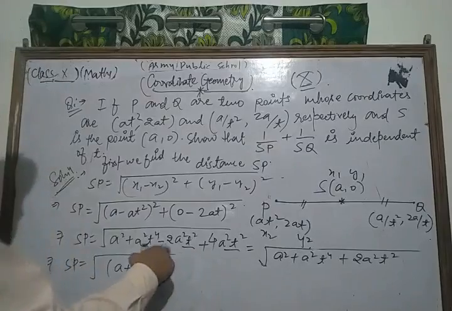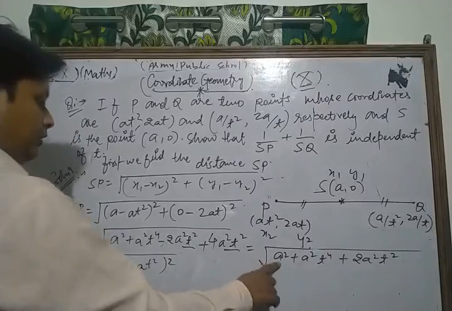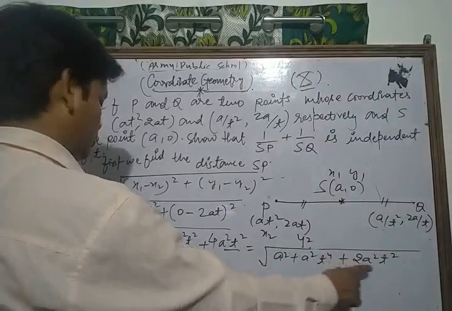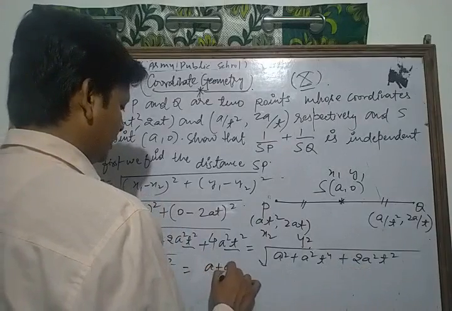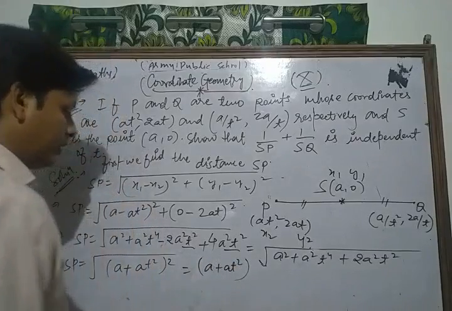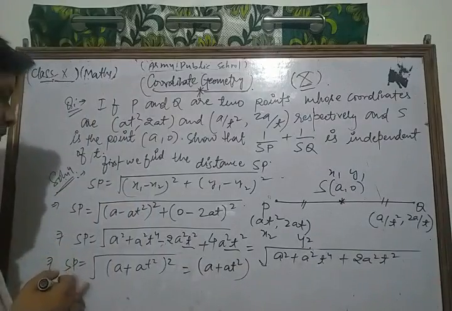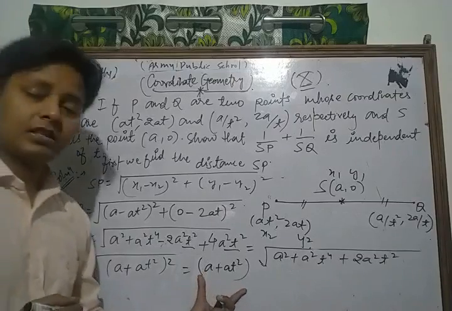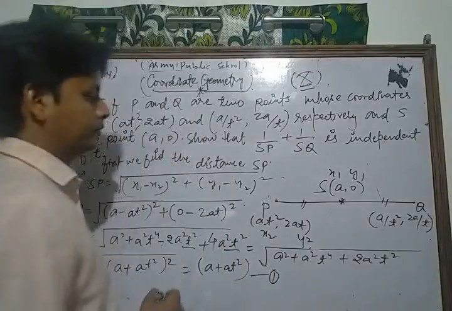If we expand it, we get a square plus a square t power 4 plus 2a square t square. So a plus at square comes out of the square root. In this way, we get the value of SP as a plus at square. We take this as equation number 1.